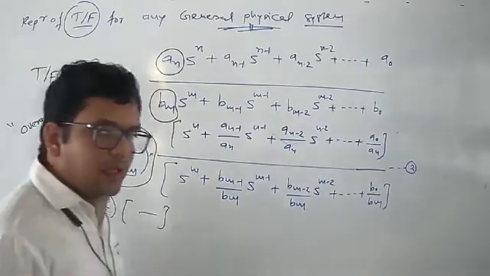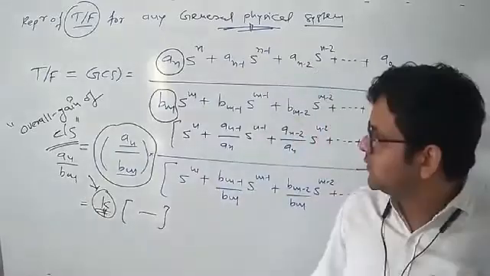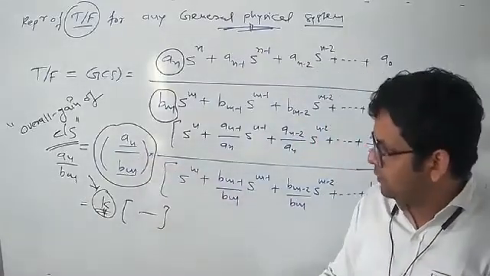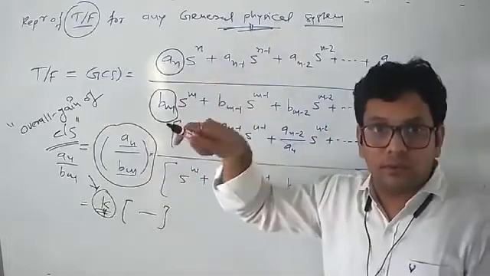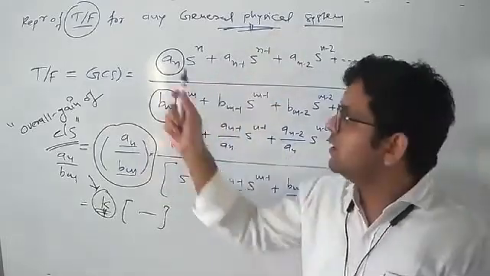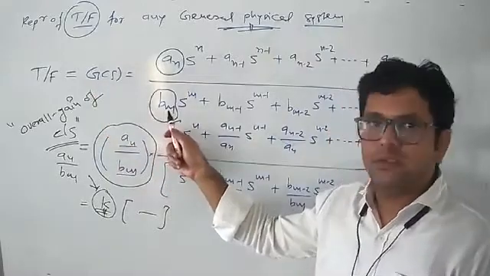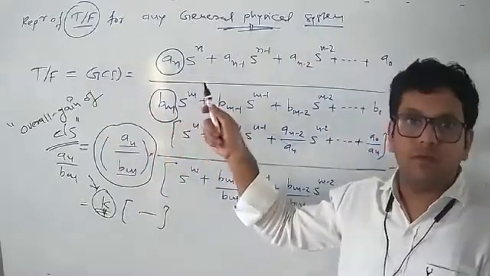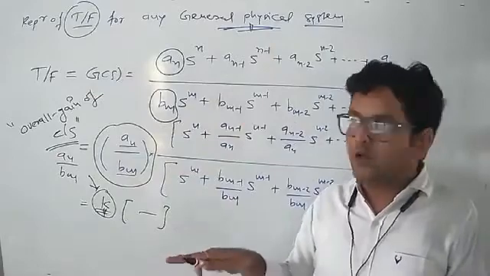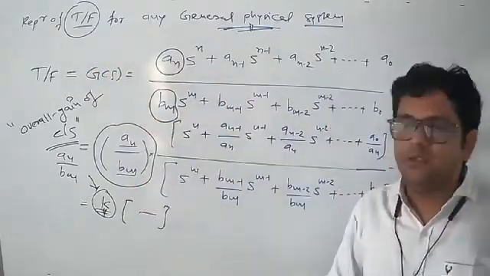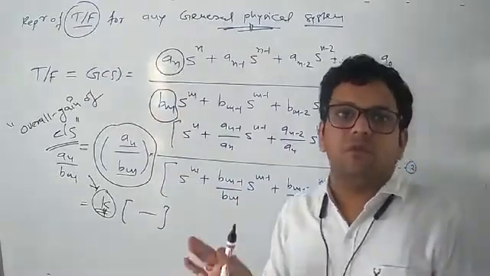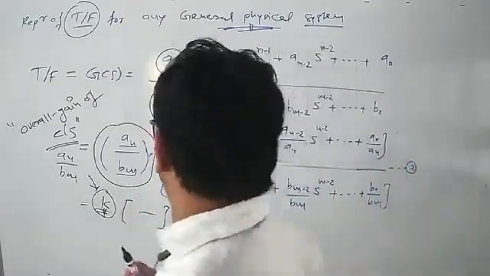So what is k? K is nothing but the overall gain of your control system, which is the ratio of a_n by b_m, where a_n is the coefficient of the highest power of s available in the numerator polynomial of your transfer function, and b_m is the coefficient of the highest power of s available in the denominator polynomial of your transfer function. So the ratio of a_n by b_m is the overall gain of your control system. That you have to remember.